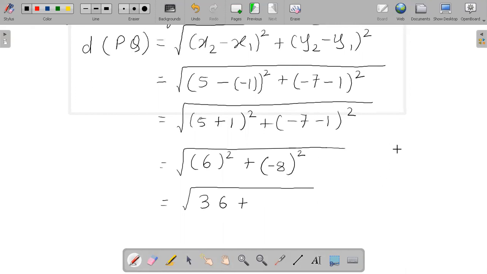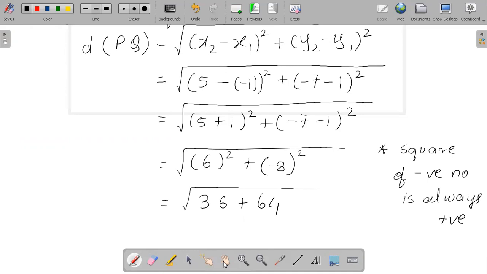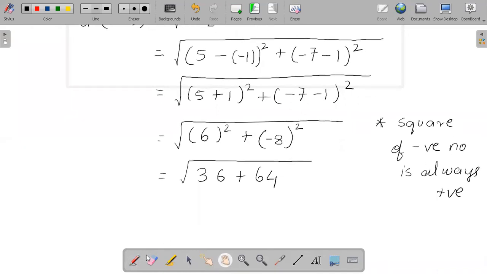One mistake you made: the square of a negative number is always positive. So just 64. I'll write it as a note here: the square of a negative number is always positive. This minus sign means negative. So the square of -8 is plus 64.